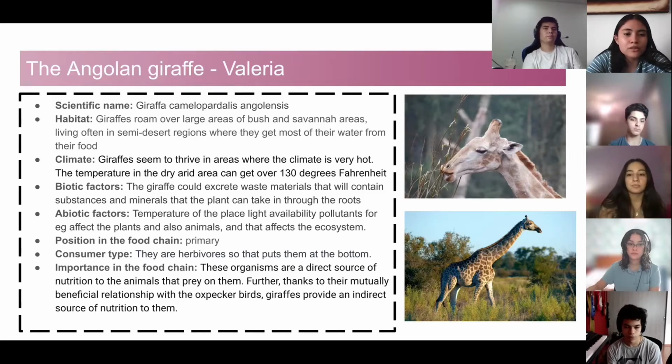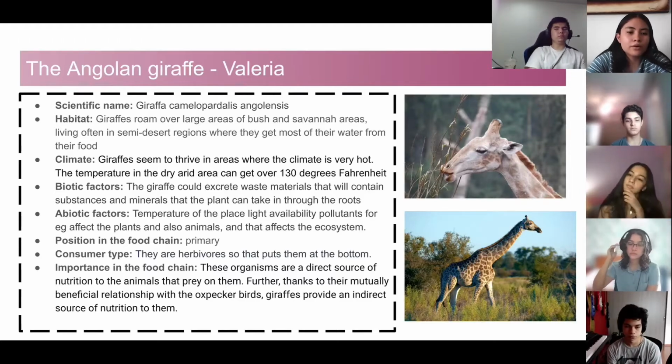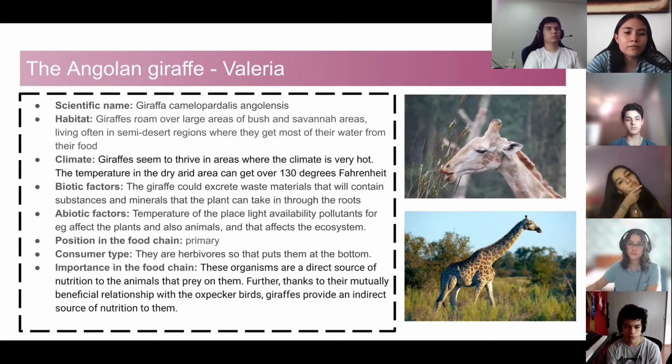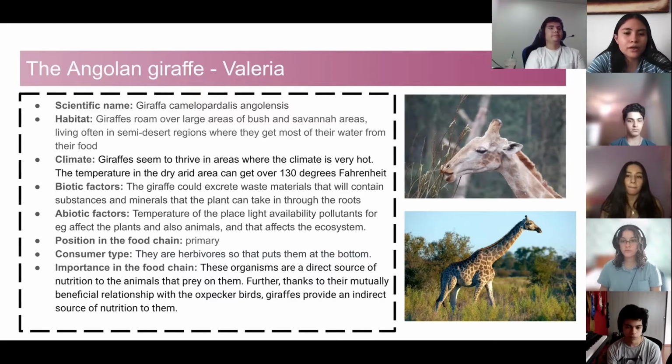They are herbivores, so that puts them at the bottom. The importance in the food chain: the organisms are a direct source of nutrition to the animals that prey on them. Further, thanks to their mutually beneficial relationship with the oxpecker birds, giraffes provide an indirect source of nutrition to them.